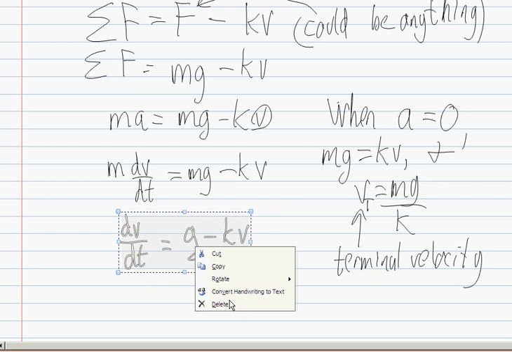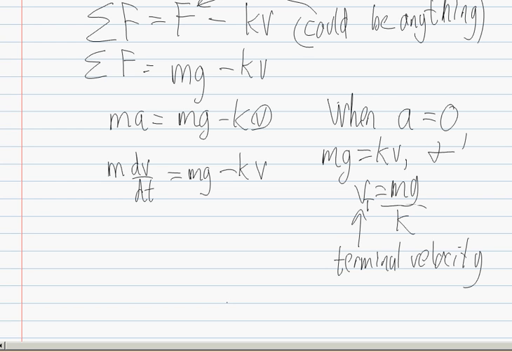We're going to divide every term by k to get v by itself. So we're going to have m over k dv/dt equals mg over k minus v. So we divided by k.